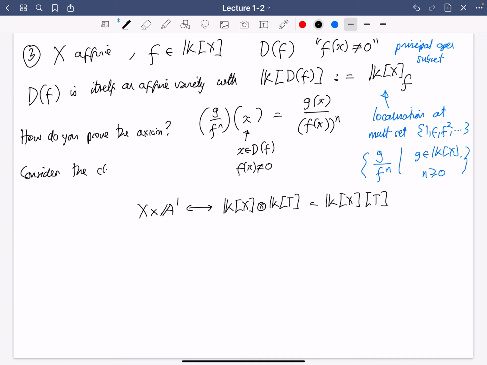So what I'm going to do is consider the closed subset, the vanishing set of the polynomial ft minus 1 sitting inside X Cartesian product the affine line. Right, so I've written just ft.